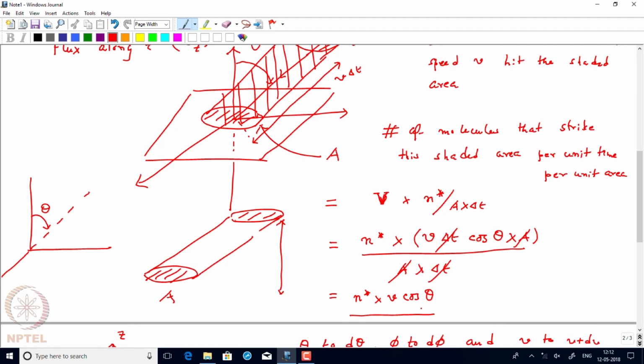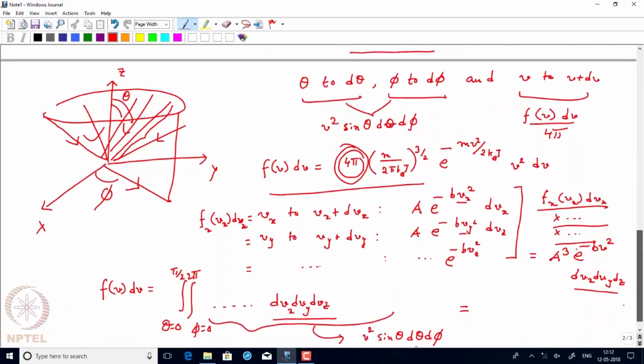If I change from v to v plus dv, r to r plus dr, then we get a differential surface element, which you obtain from going from theta to theta plus d theta and phi to phi plus d phi, and that will be equal to something like v square sine theta d theta d phi, plus we are going to have one Maxwell-Boltzmann distribution.